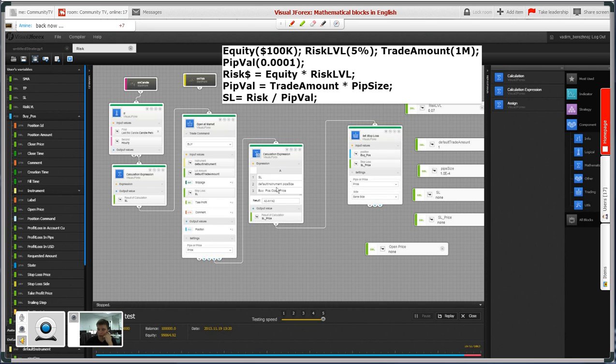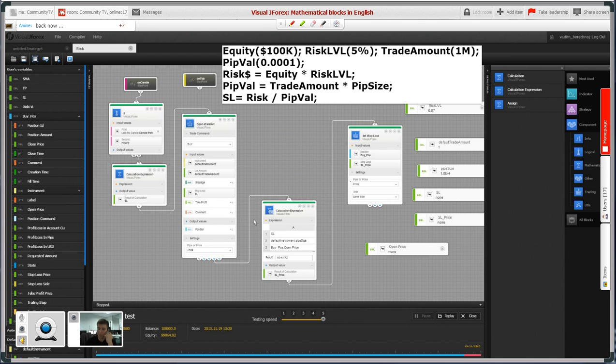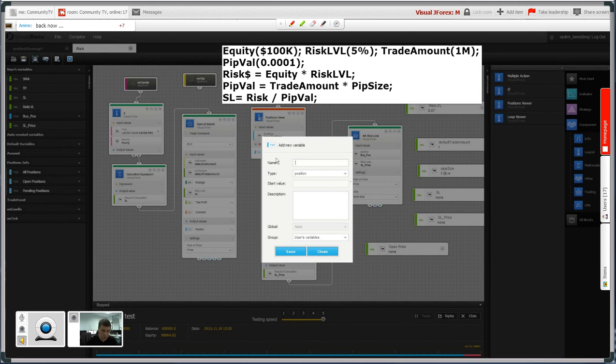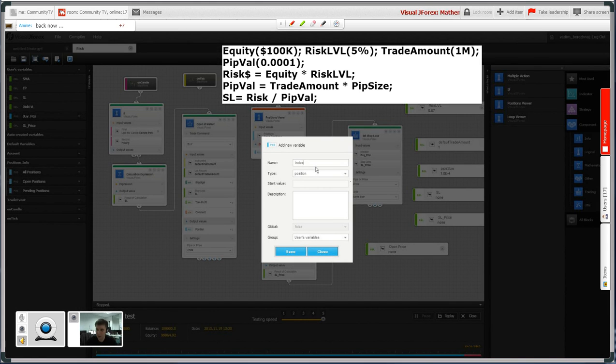And after the position is set, we will go through all open positions. We use an index variable, index. Got it.